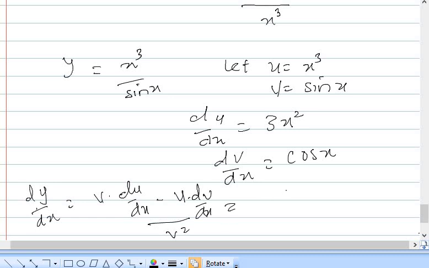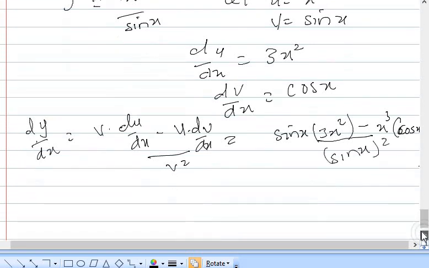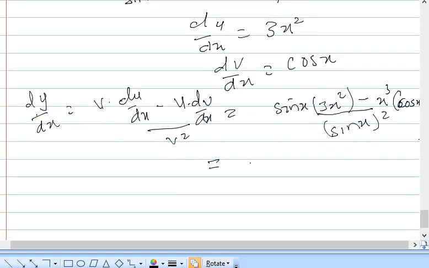So we have v as sine x, our du dx is 3x squared, and then minus u, our u is x cubed, and dv dx is cos x, and then all over v squared. Our v squared is sine squared x. So simply, we can say 3x squared sine x minus x cubed cos x all over sine squared x.